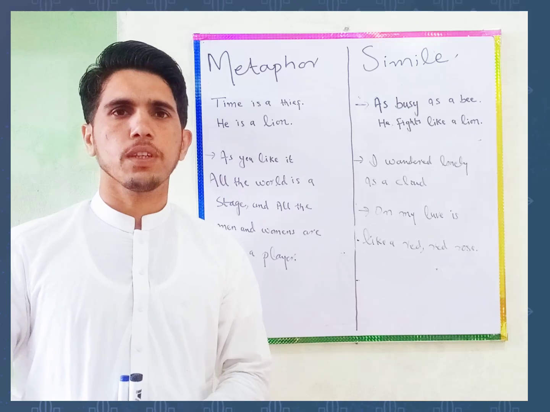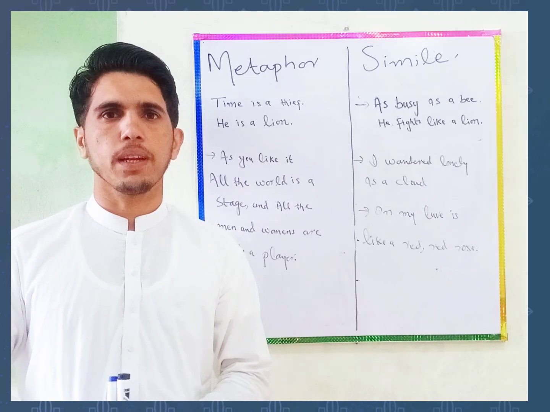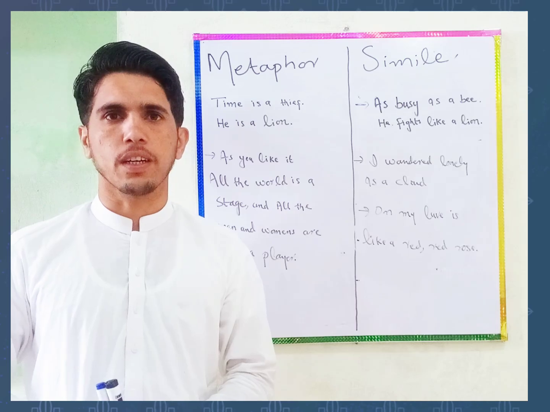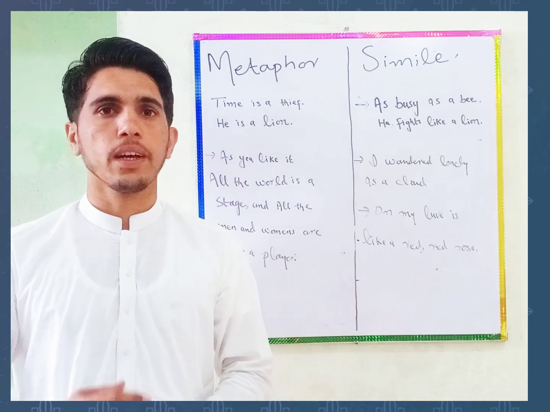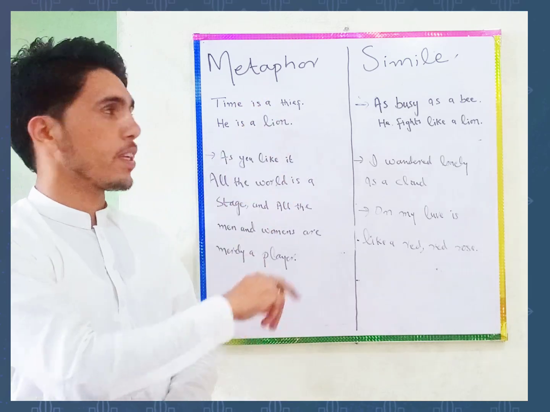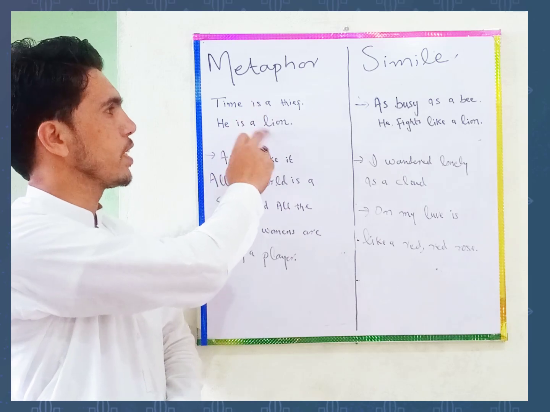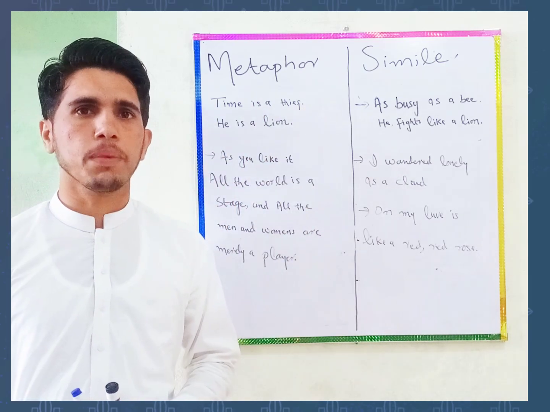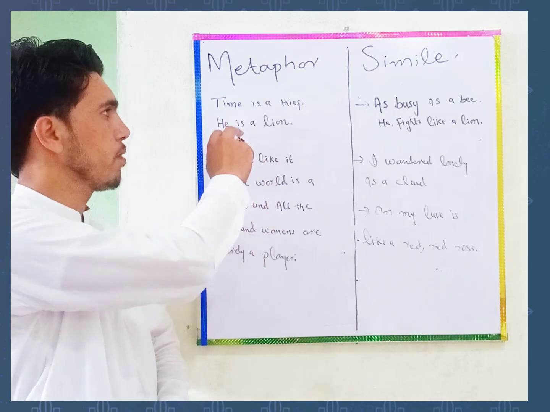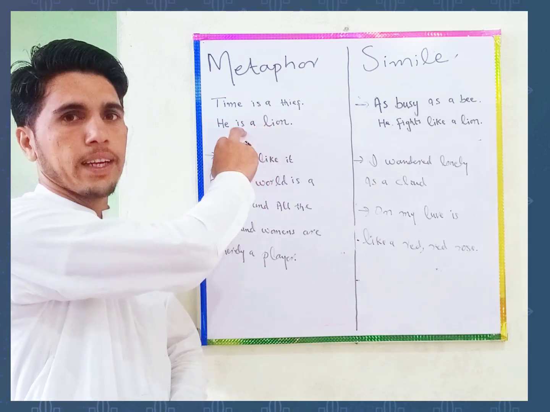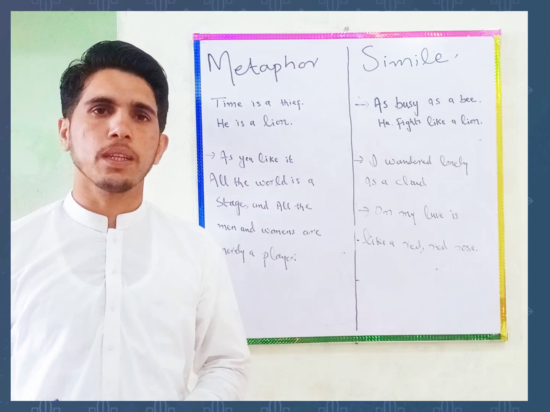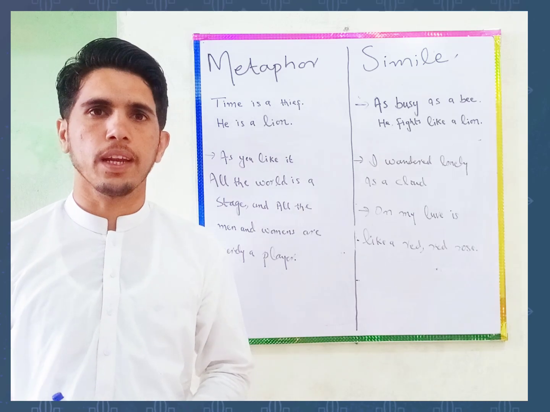So at the end of the video, we are discussing some examples of metaphor and simile in order to make the comparison and contrast more clear and more vivid. An example of metaphor is: time is a thief, he is a lion. Here time is being directly compared with a thief, while in he is a lion, the bravery of a human being is being compared with the lion.